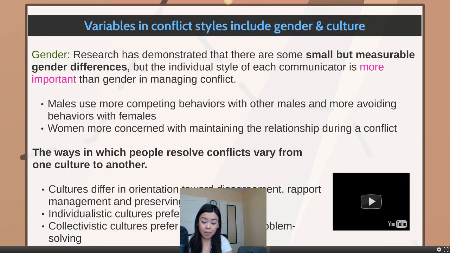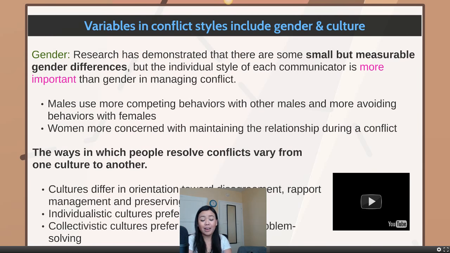Whereas with women, if it were 2 women, we find that the women involved would be more focused on not just the getting stood up, but also the emotional and relationship impact of getting stood up, of the relational impact of the conflict.